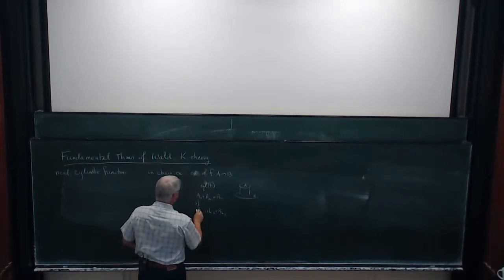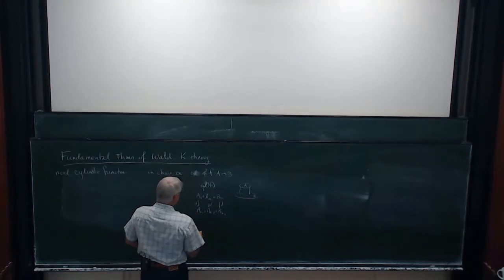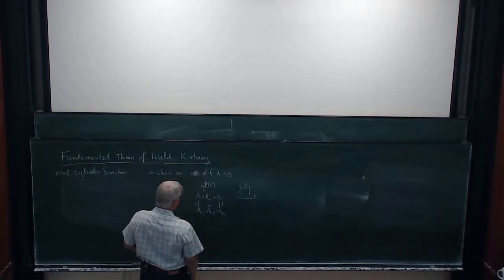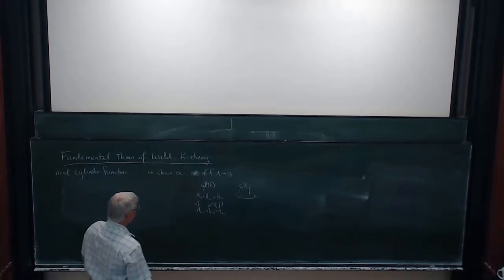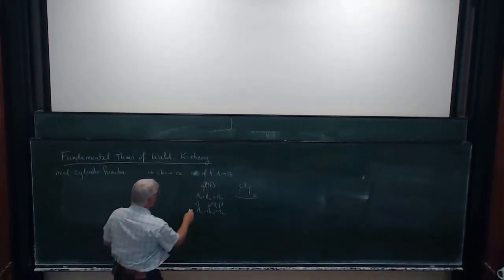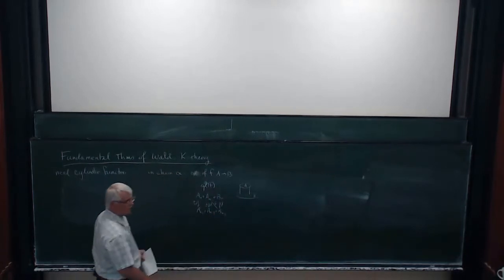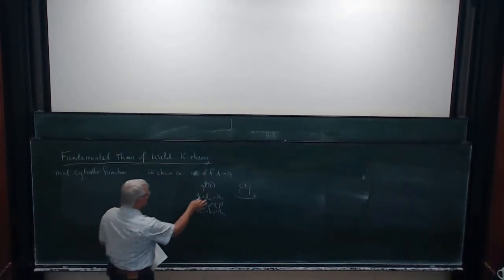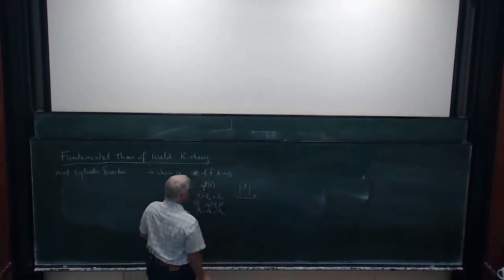So here's your differential, here's your differential, here's your differential, and then this map is F. And now the catch is that there's signs on here, so I'm just going to put plus or minus on all of these, because trying to worry about the signs is a time-consuming thing. So this is the cylinder in some sort of category of chain complexes, and this is the cylinder in topology.